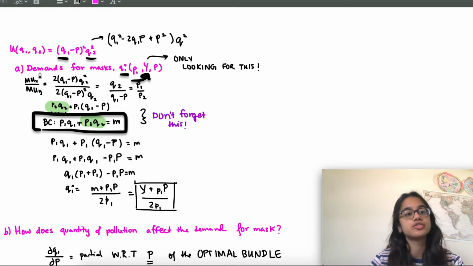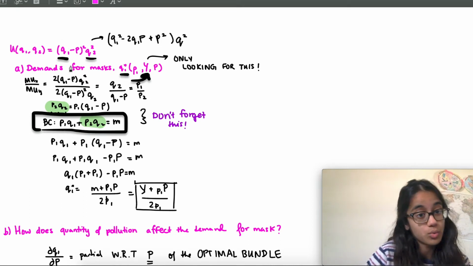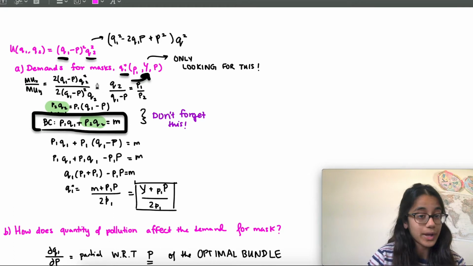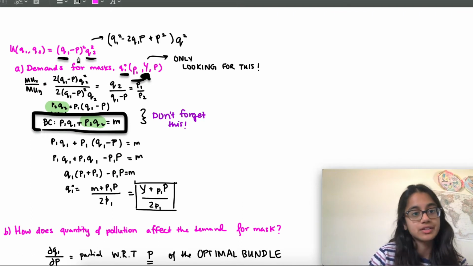Now we're trying to find MUX, the marginal utility of X, in this case Q1, and the marginal utility of Q2. Here we're taking the partial derivative with respect to Q1, and this becomes our constant. So we bring that 2 down, take the derivative again, keep what is inside, and this constant stays. That's where I get my MUX.